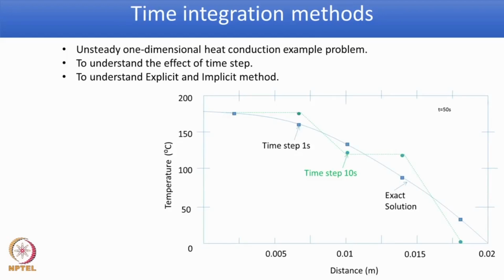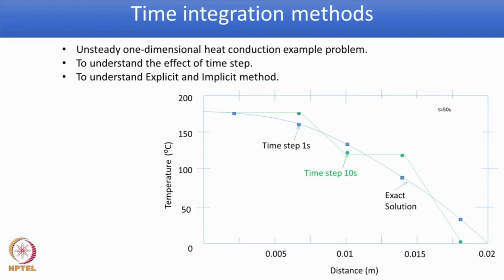What is shown here is distance and temperature for one particular calculation, with results obtained after 50 seconds. If you use different delta t, the performance of the explicit scheme changes, and what is shown here is a time step of 10 seconds, that is, delta t is 10 seconds, which is slightly larger. When you have an explicit scheme, delta t matters because it is conditionally stable, and in this example we show two different delta t.